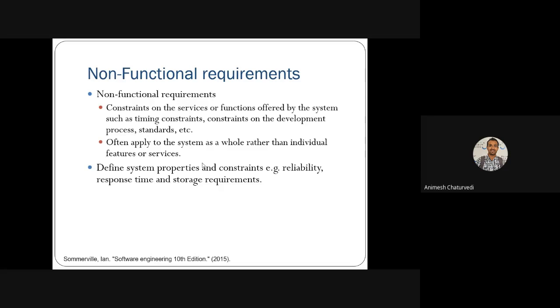Then the non-functional requirement. In the non-functional requirement, the constraints on the services or functions offered by the system to the users should be mentioned, according to time constraints, various process development constraints, and various standards or processes followed by the organizations.